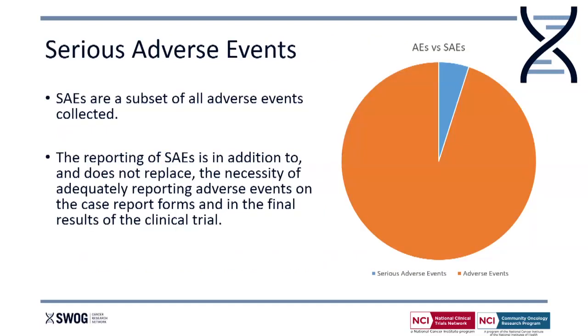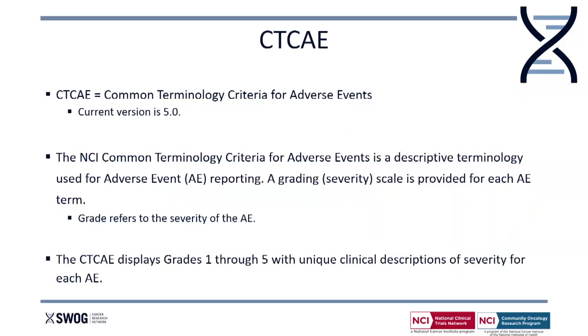SAEs are a subset of all AEs collected. Just a reminder that SAE reporting is always going to be in addition to routine AE reporting, not instead of. And as Gabby mentioned, the CTCAE is the Common Terminology Criteria for Adverse Events. There is a grading scale which refers to the severity of the AE.